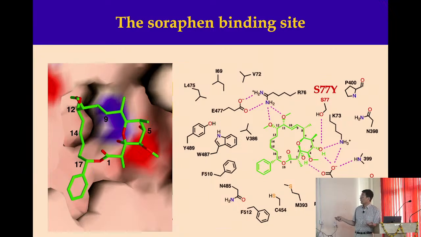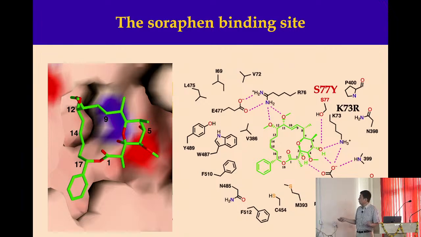So yeast with the mutation here can survive sorphin treatment. They don't die anymore. You can look at the structure: this serine sits directly against sorphin. So if you change the serine to a tyrosine, steric hindrance, the pocket is gone. It doesn't inhibit anymore. So it makes perfect sense.